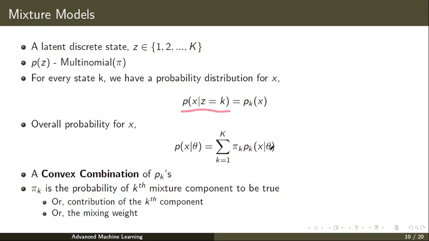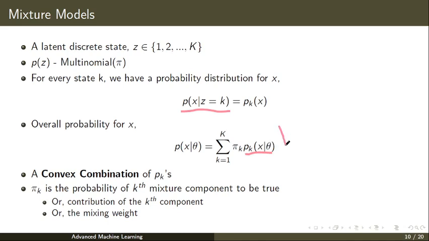Theta is our parameters. So the probability of x is the sum over all the states k, the probability of that particular state k, or probability of x given z equal to k comma theta.